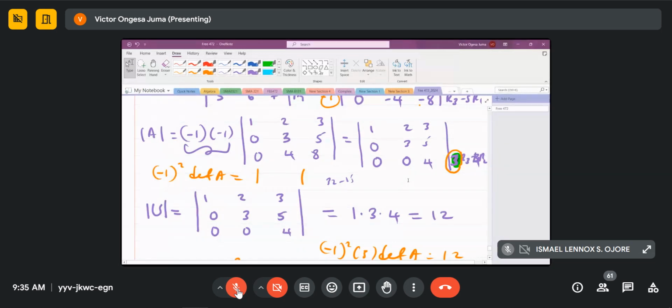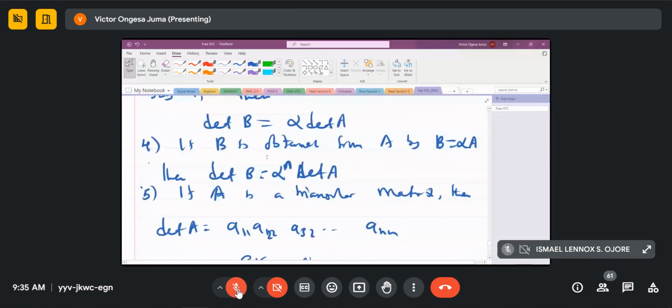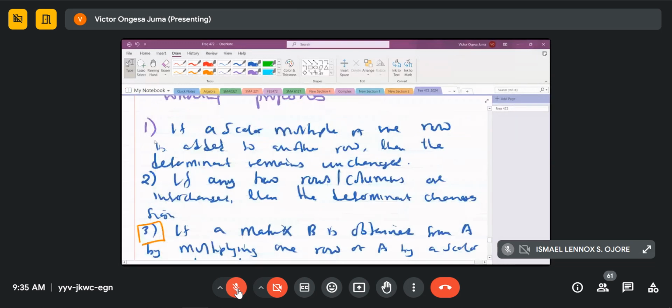No, so there are two rules here. Rule number 1, right? And rule number 3. And they end up confusing. Rule number 1 says, if a scalar multiple of one row is added to another row, then the determinant remains unchanged, right?